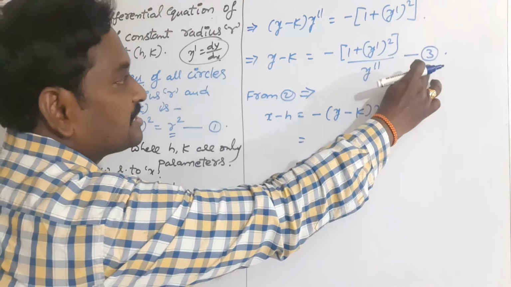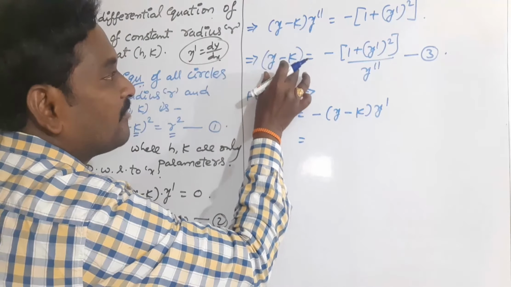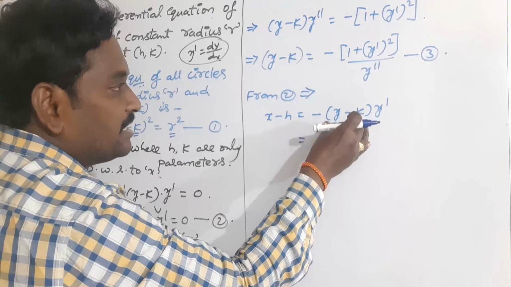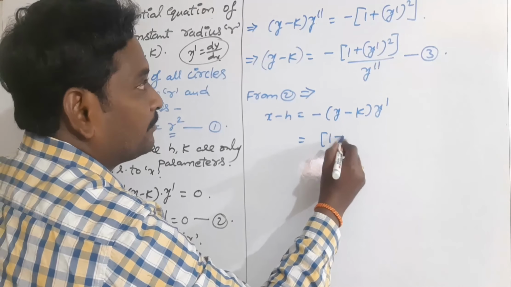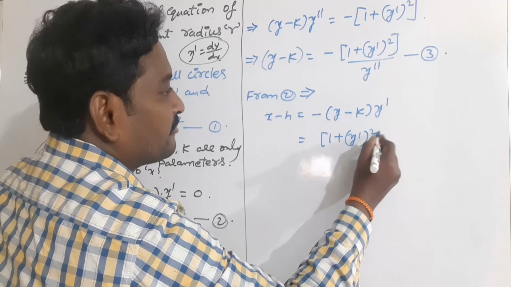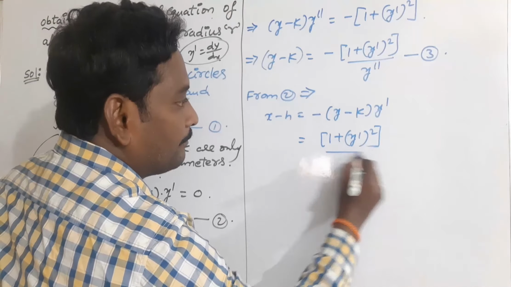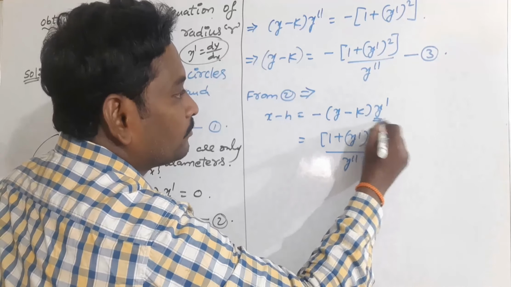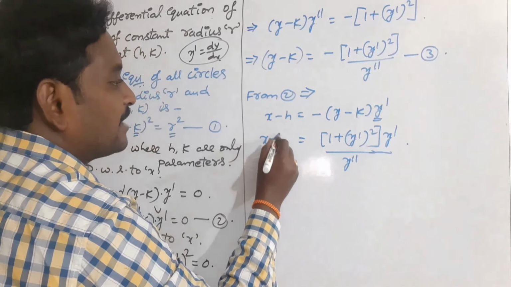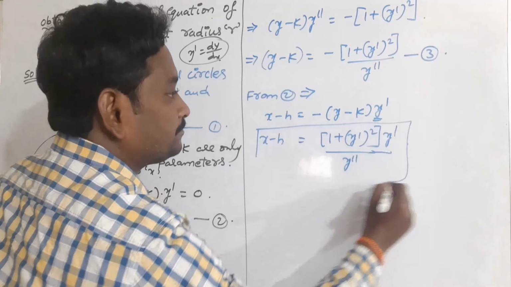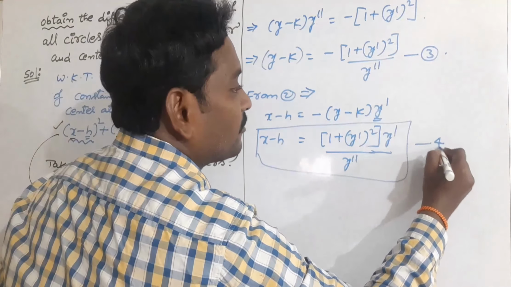But from equation number 3, we already have the value of y minus k. Replace this value here. So minus into minus is positive, and you will get (1 plus y dash whole square) by y double dash, into y dash. Don't forget this term. So this is the value of x minus h. Take it as equation number 4.